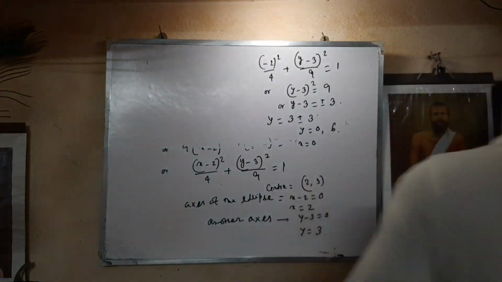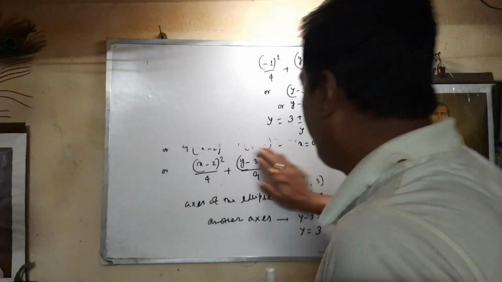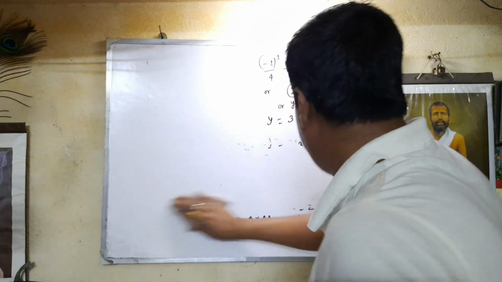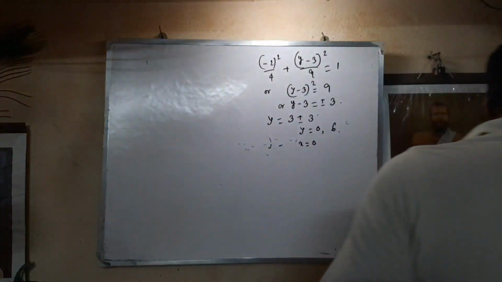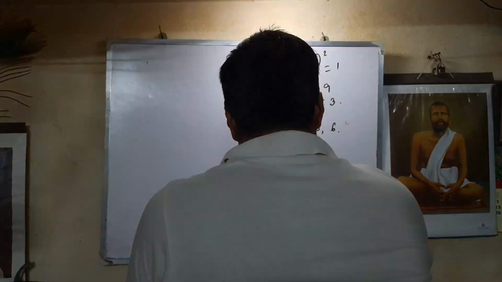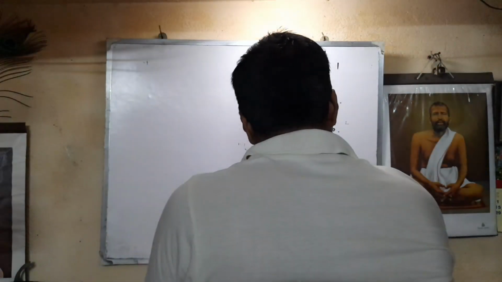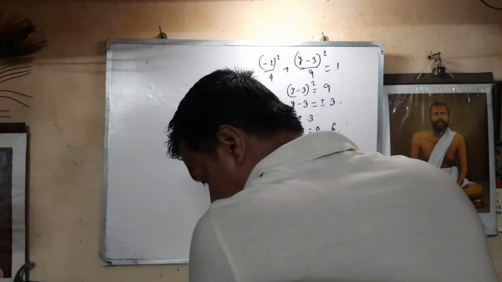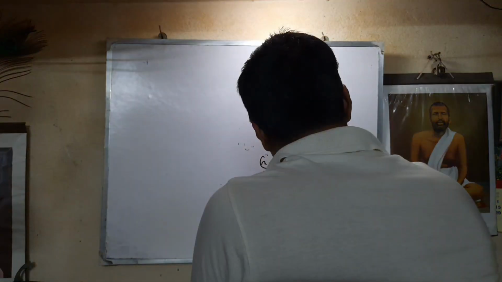Similarly, to find the points of intersection with the x-axis, our equation was (x − 2)²/4 + (y − 3)²/9 = 1.